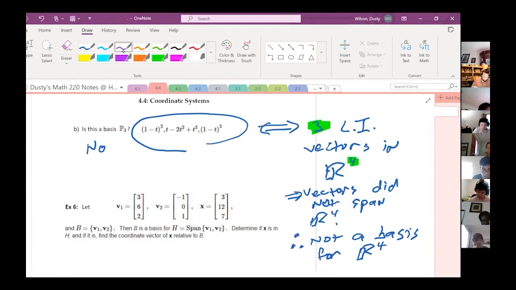So yes, the same thing applies. No. 3 polys can't span P3.